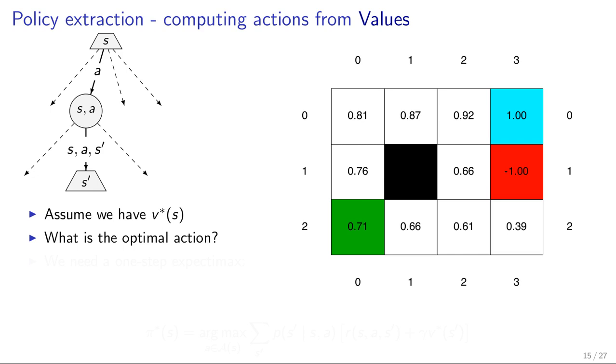And from that, I will choose the action that has the maximum of this sum. So I will essentially compute the Q values there, and then I choose the maximum. So it's not so much computation, because it's just one ply of the expectimax for every state, but it is some work.